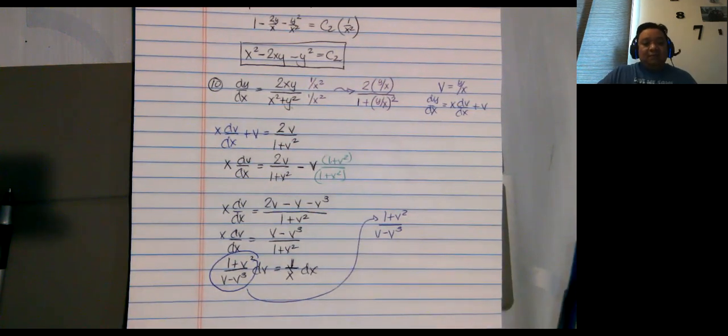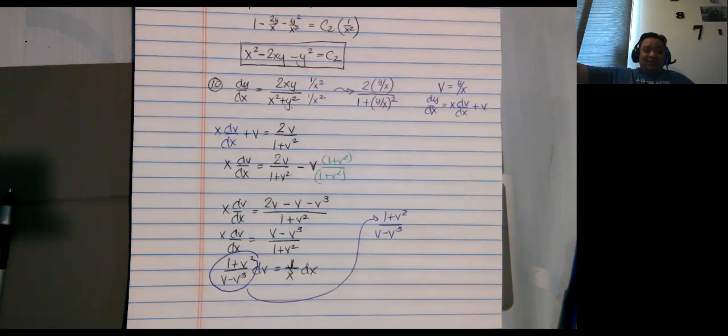I don't think a substitution would work because there's a 1, but the other one would be 3v squared and it's negative, and that's not what I have on the numerator.